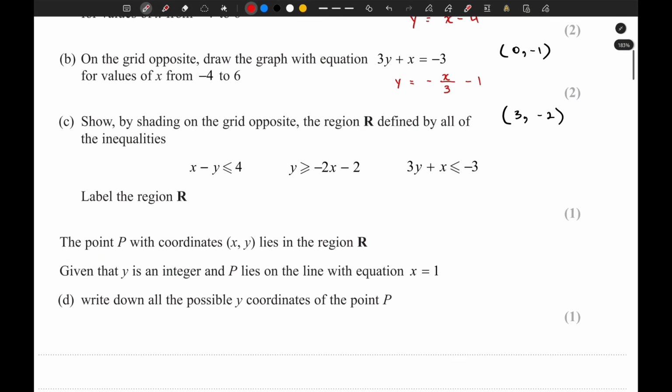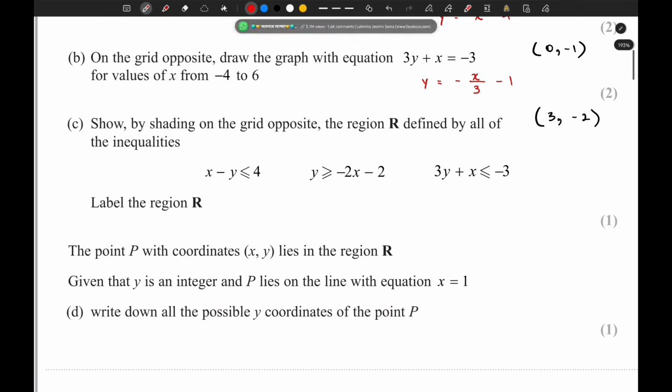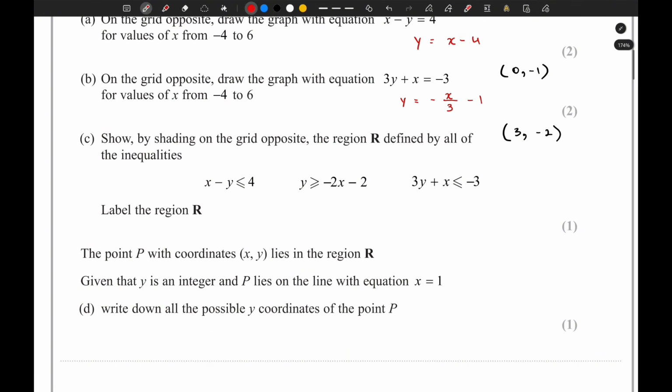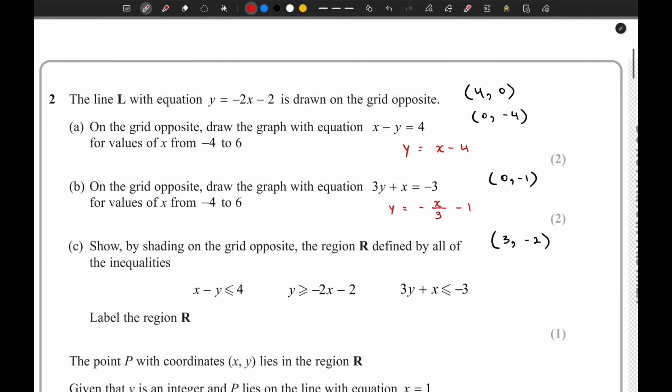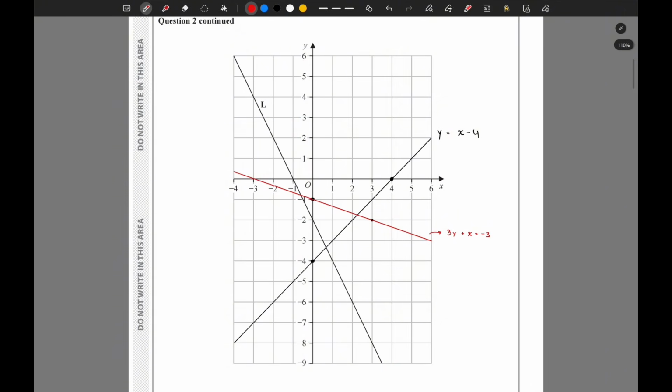Now show by shading on the grid opposite the region defined by all of the inequalities. So first of all, let's look at this part. y is greater than or equal to negative 2x minus 2. So y equals negative 2x minus 2 is this line, so it's greater than, which means they're talking about this region. So this region is eliminated.